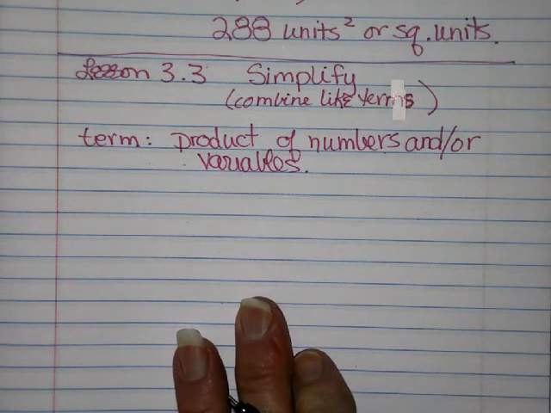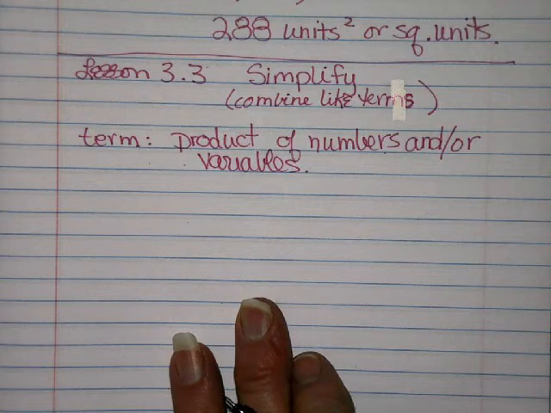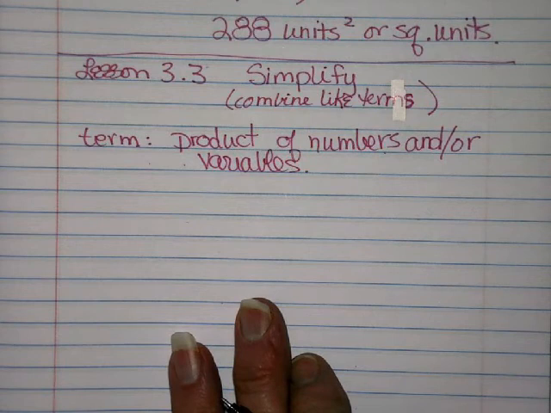Yeah, so I see it like a glob, a glob that has numbers and or variables being multiplied together. I call them globs. That's my silly street language to describe a term. Yeah, I use weird words, don't I?